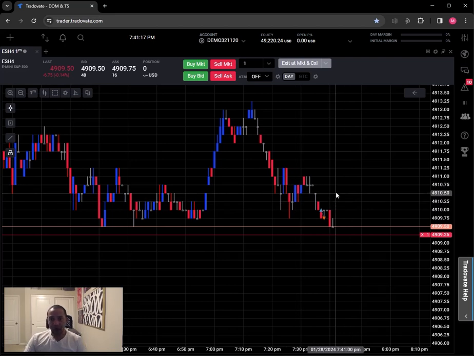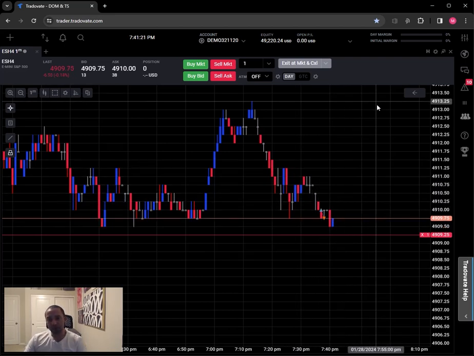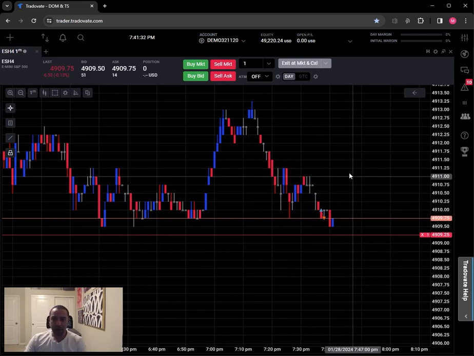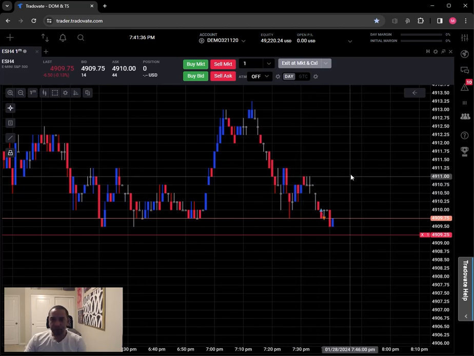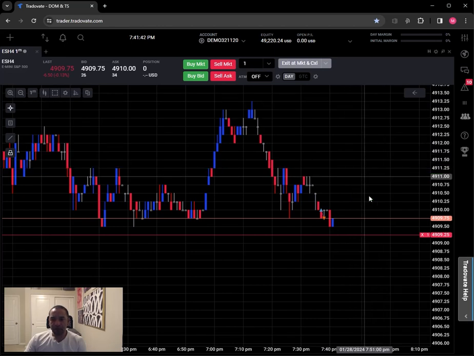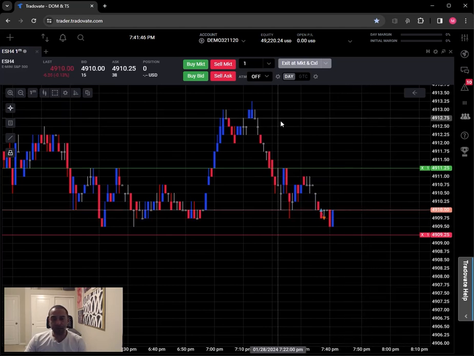Okay. Same thing on the opposite side. If you want to bet on price breaking through a certain price and continuing through it, you would want to do a buy stop order, right? So let's say I think that if price comes back up and breaks this little peak right here, that it's going to continue to go up. I would use a buy stop order to get long the E-mini futures.